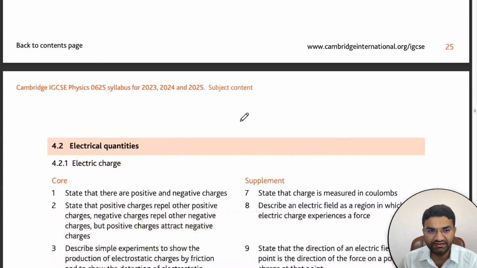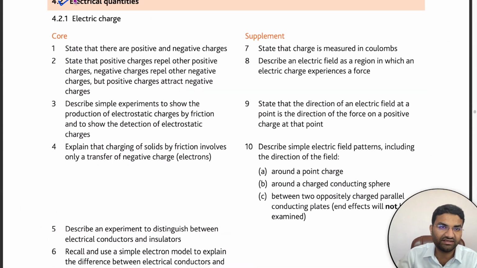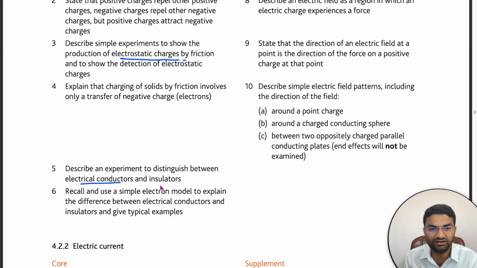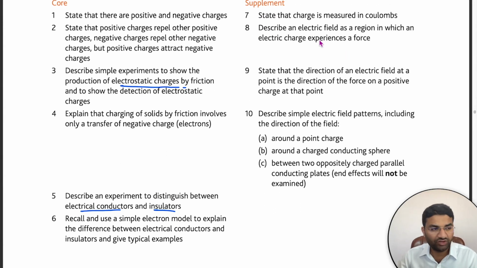Then next we have electric quantities, meaning electric charge. So how electric charges repel or attract, electrostatic charging by friction, distinguishing between electrical conductors and insulators. For an extended student, you have to learn the formulas, then what the electric field is, their definition and their units. It's a little bit of extra.